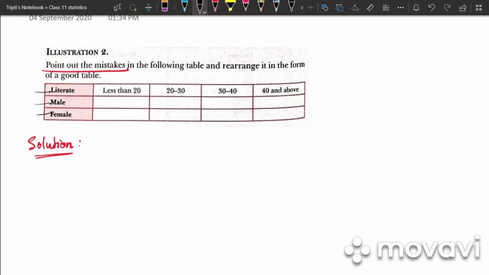So what is the first mistake? There is no table number. There is no title of the table. So write down the first point. There is no table number and no title of the table.